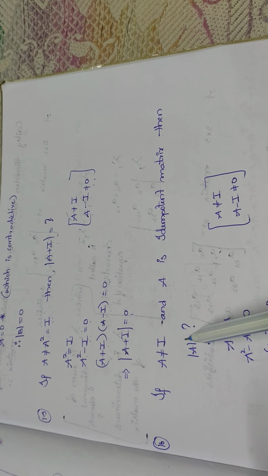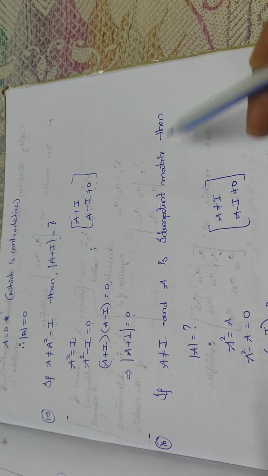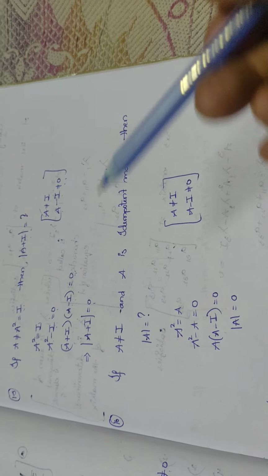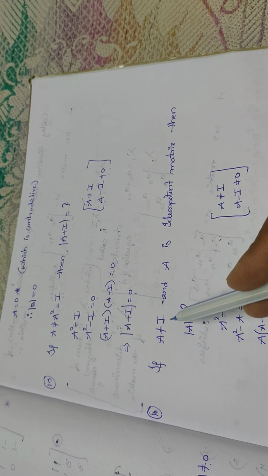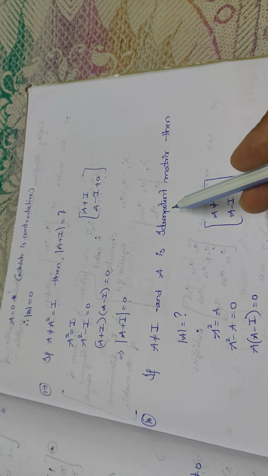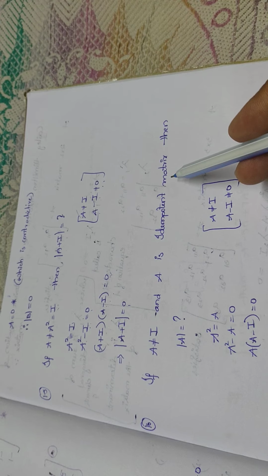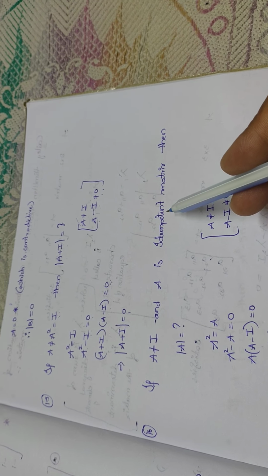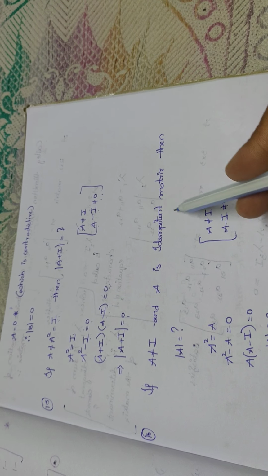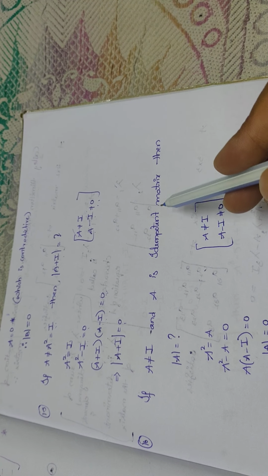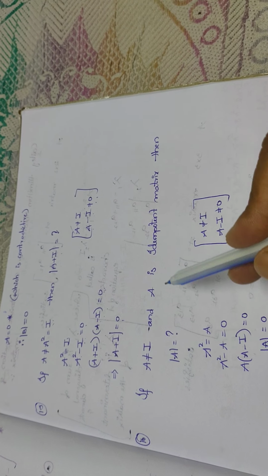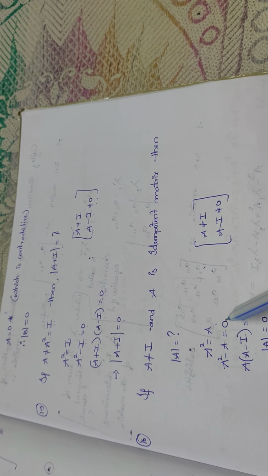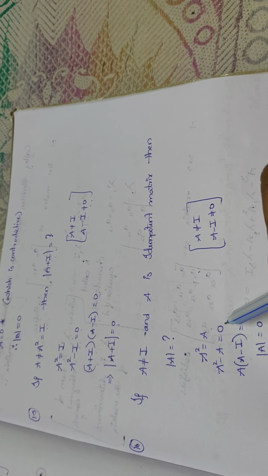If A is not equal to I and A is an idempotent matrix, then determinant of A is equal to how much? All these are very conceptual problems. Idempotent matrix means A square is equal to A. Involutory matrix means A square is equal to I. So A square minus A is equal to null matrix.